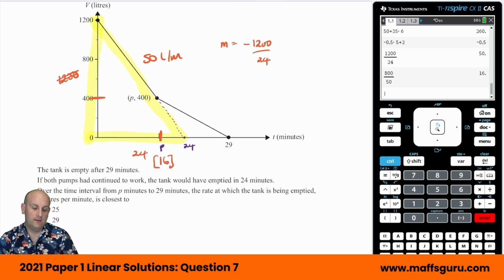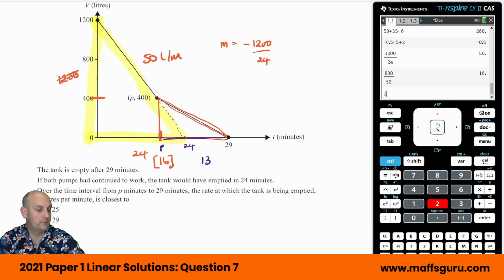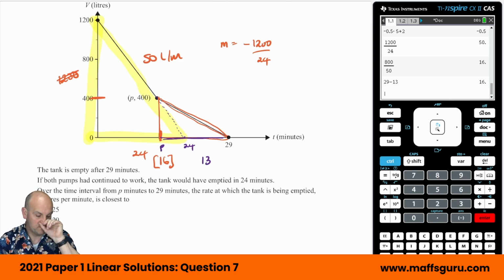How is that helpful to me? Well, I can now find the gradient of this part of my line, which is effectively the rate of it being emptied, because I now know that the horizontal distance here is going to go from 16 to 29, which is 13. Yep, 29 minus 16 gives me 13.